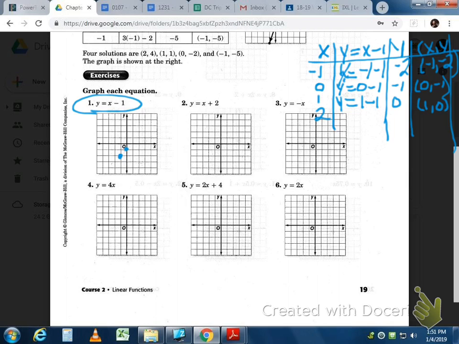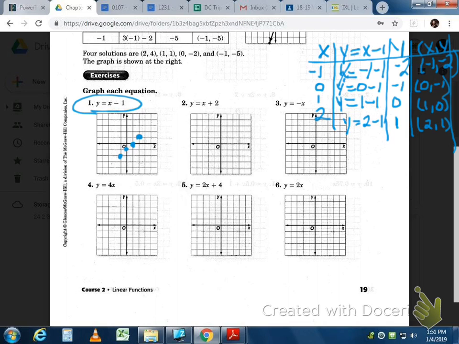So the ordered pair is 1, 0. Start at the origin, go over 1 and stay there. And then finally, x is 2. y equals 2 minus 1. What is 2 minus 1? 1. So what's my ordered pair? 2, 1. So I'm going to go right 2, up 1.